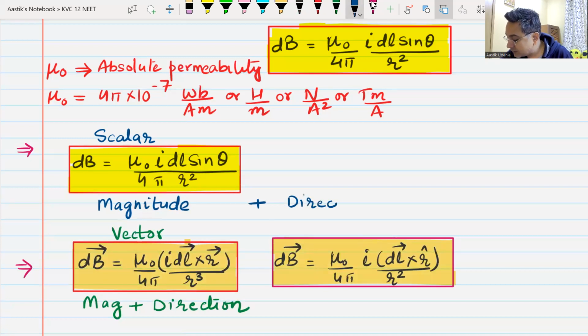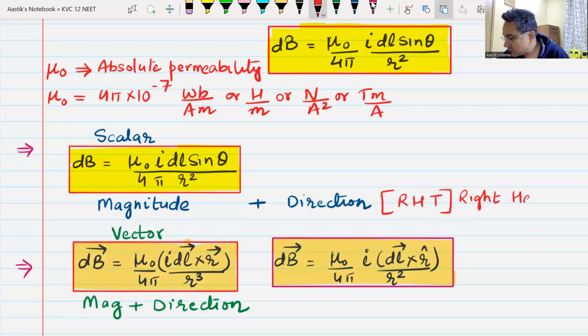And how do I get the direction of magnetic field? The direction of magnetic field is given by the RHT rule. Have you heard this term RHT? Right hand thumb rule. The direction is given by right hand thumb rule.